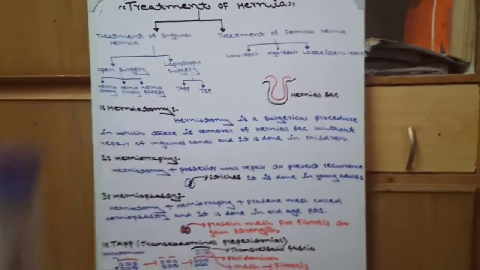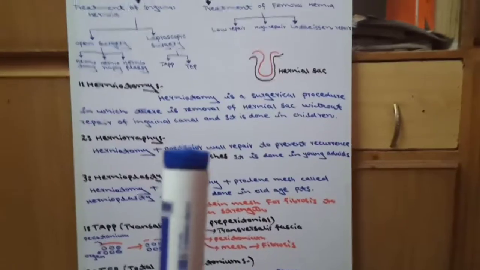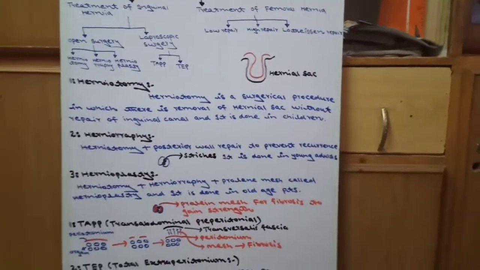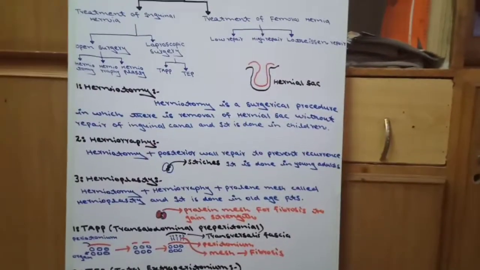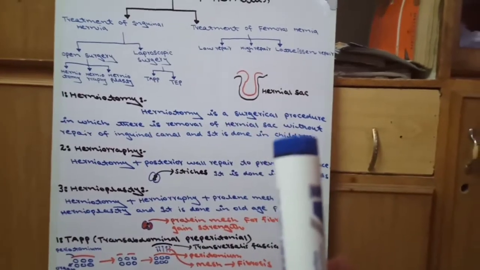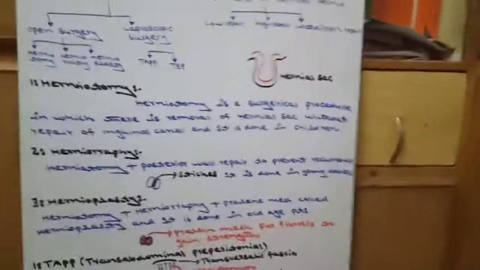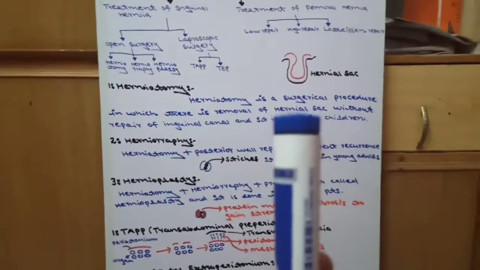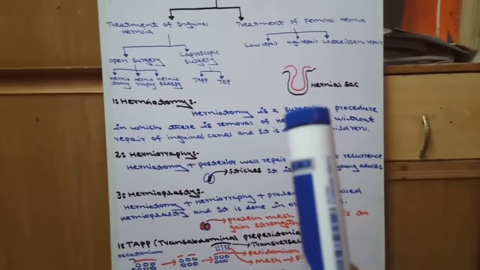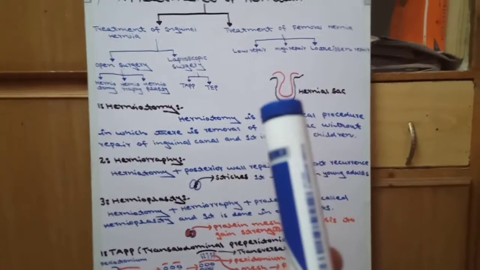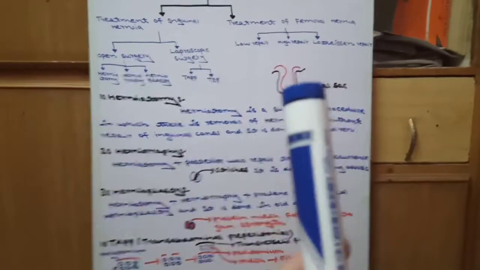First, herniotomy. What is herniotomy? Herniotomy is a surgical procedure in which there is removal of the hernial sac without repair of the inguinal canal, and it is done in children. This is the hernial sac, this is the body of the hernial sac, this is the neck of the hernial sac.